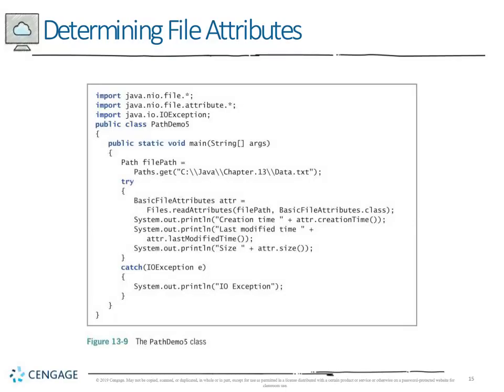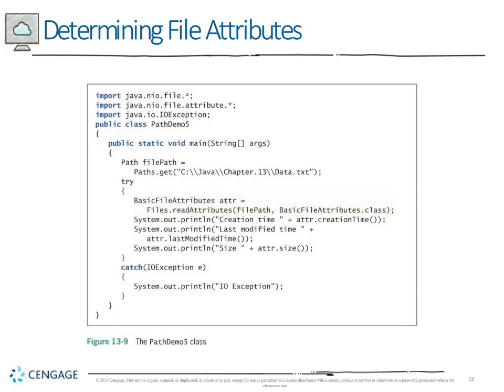You can use the readAttributes method of the Files class to retrieve useful information about a file. The method takes two arguments, a Path object and BasicFileAttributes.class, and it returns an instance of the BasicFileAttributes class. So you might create an instance with a statement such as BasicFileAttributes attr = Files.readAttributes(filePath, BasicFileAttributes.class).